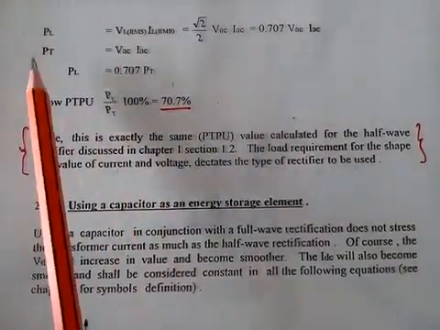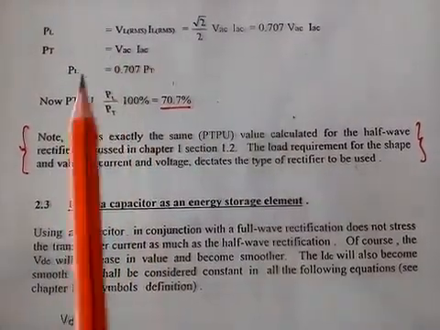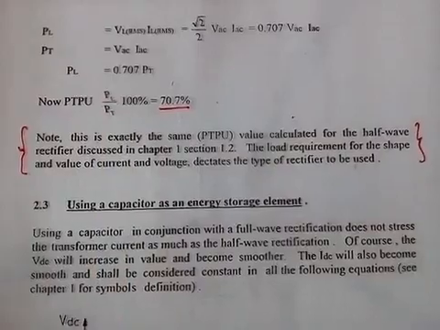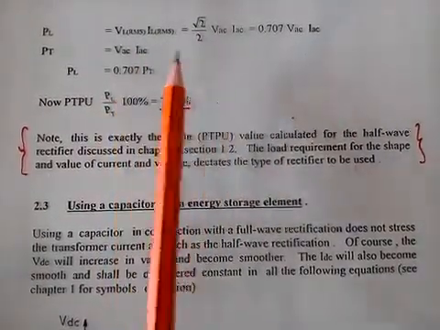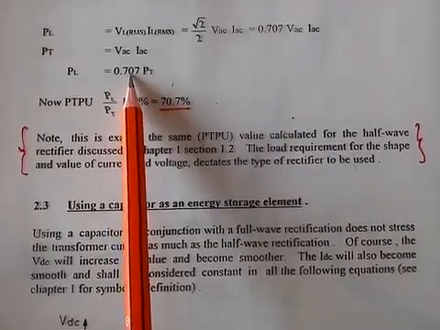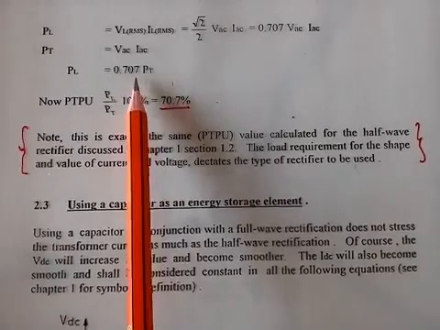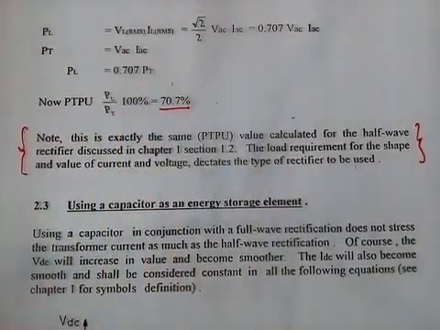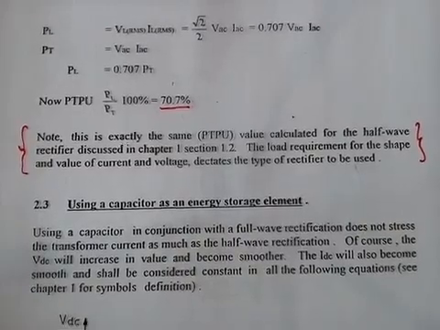Keep in mind that the power of the transformer equals VAC multiplied by IAC. That unit, of course, is volt ampere, but this is in true watts, and you're going to get about 71%. So 70% is what you're going to get out of your transformer when you use this type of configuration.